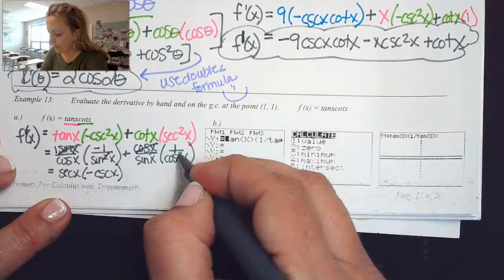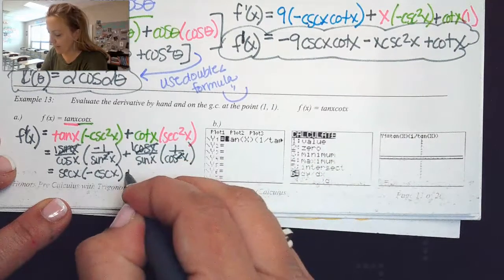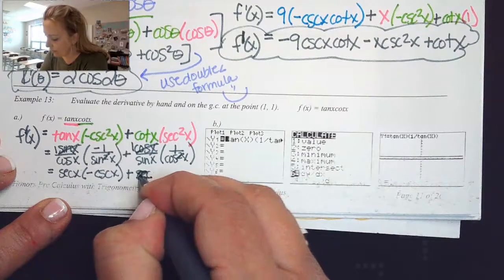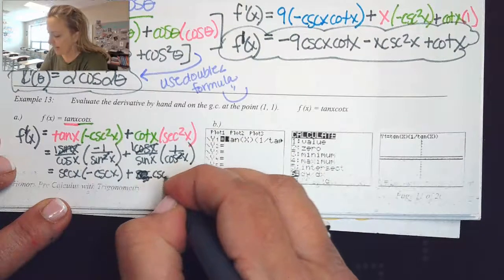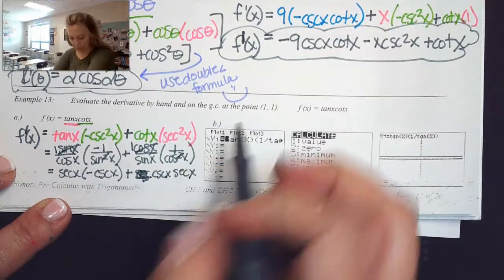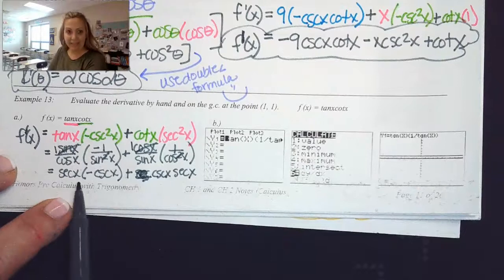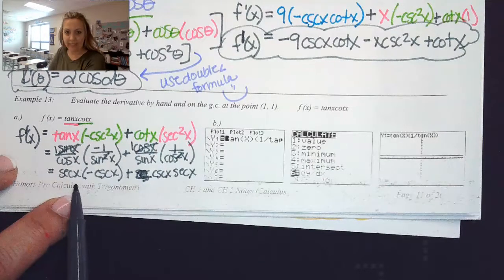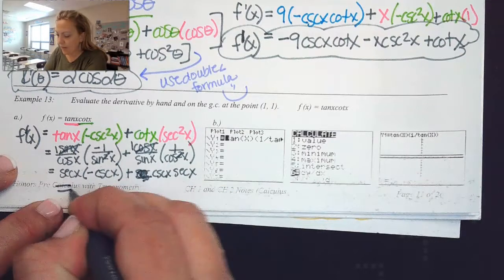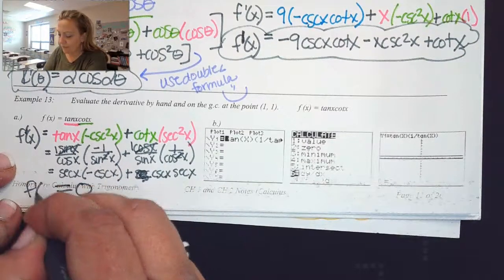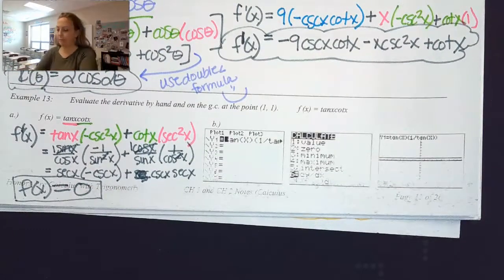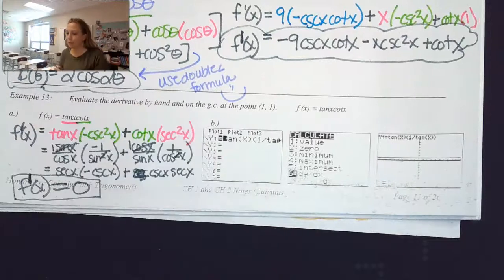One of these cosines canceled, so 1 over sine of x is going to be cosecant x. And then 1 over cosine x is going to be secant x. Do you guys see that I really have negative secant x cosecant x plus cosecant x secant x? These are going to cancel out, and that gives us 0. Okay. So our slope should be 0.